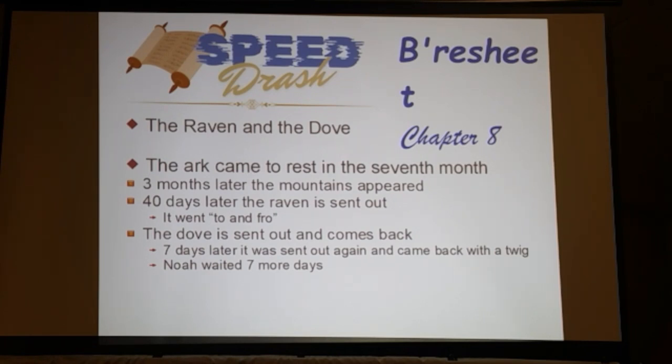But the ark came to rest in the 7th month, 3 months later, on the first day of the 7th month. Does that mean that the ark came to rest on the Day of Trumpets? Well, like we were discussing, the whole time God's talking about months and days in Genesis, He hasn't created that calendar yet.